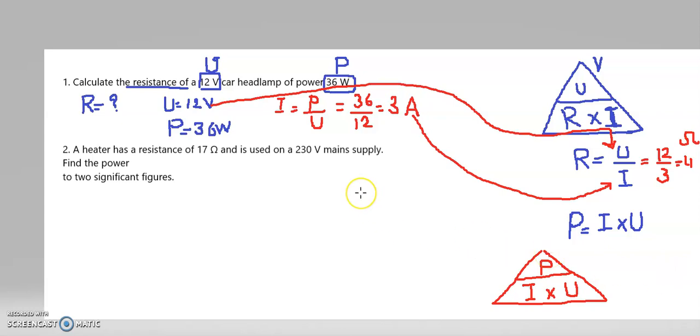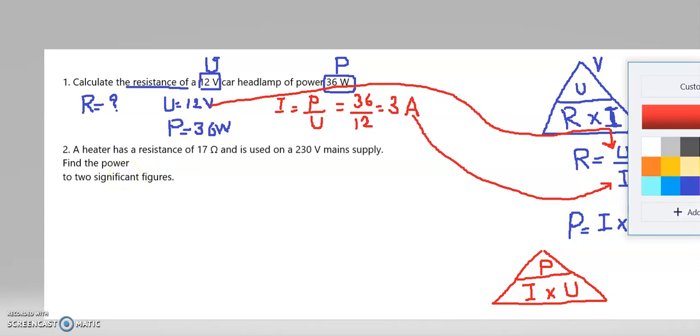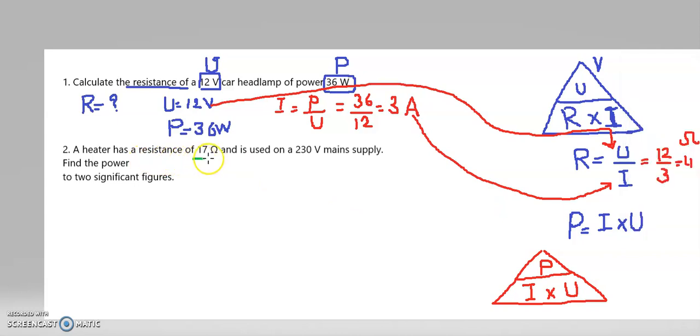And then we can have a look at another question, this one. In this question here, we have a resistance of 17 ohms. So this is all what we have, and is used on a 230 volts mains supply.